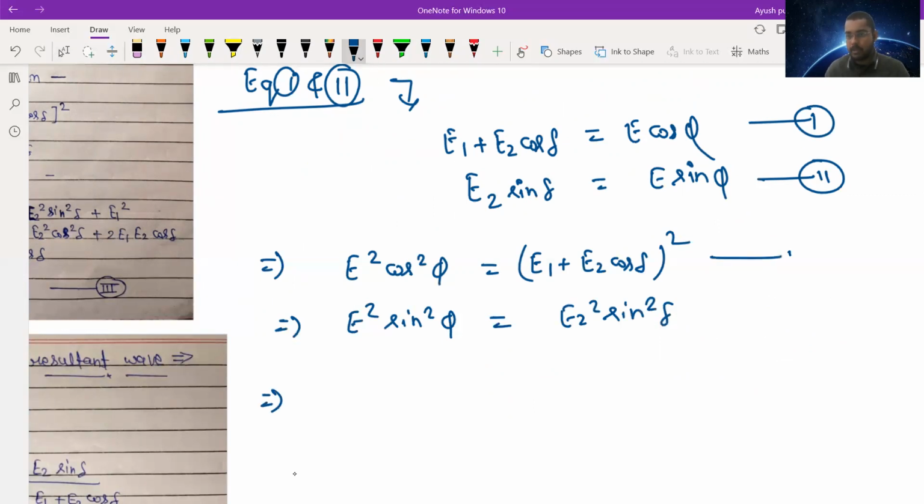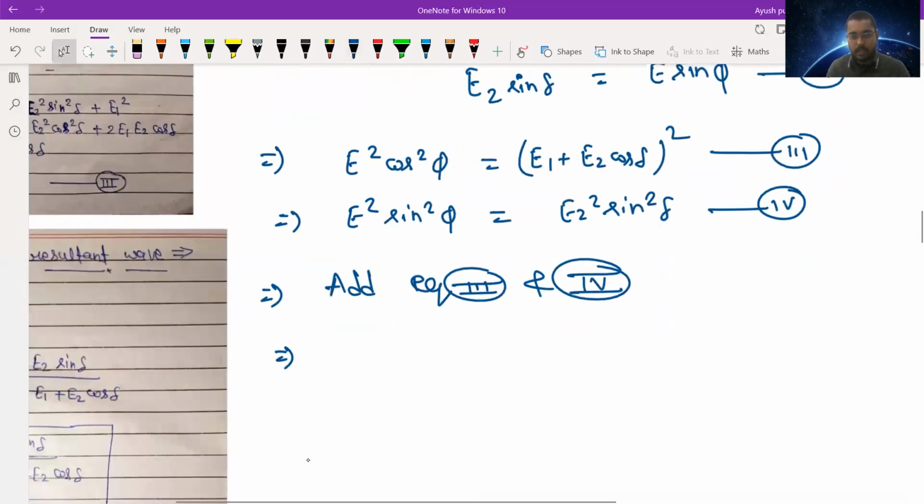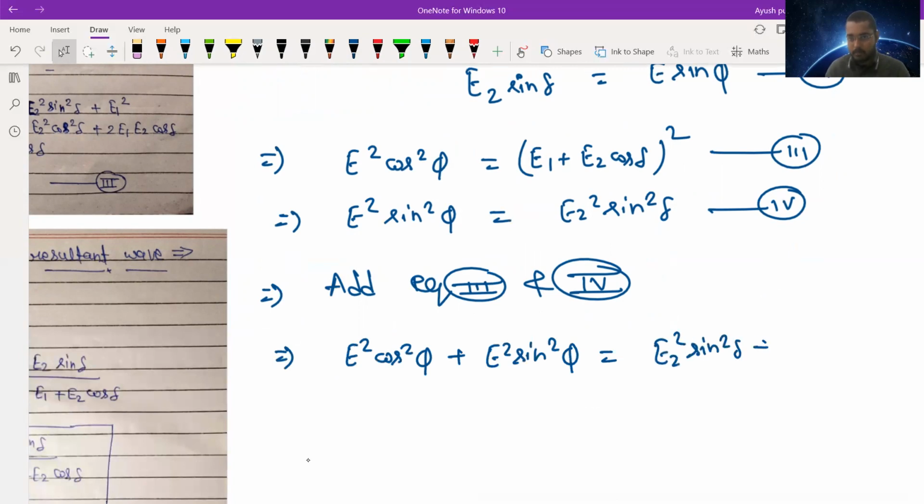Now let's call these equation third and equation fourth, and add them. So if we add these two equations, we will get E square cos square phi plus E square sin square phi is equal to E2 square sin square delta plus E1 plus E2 cos delta whole square, right?